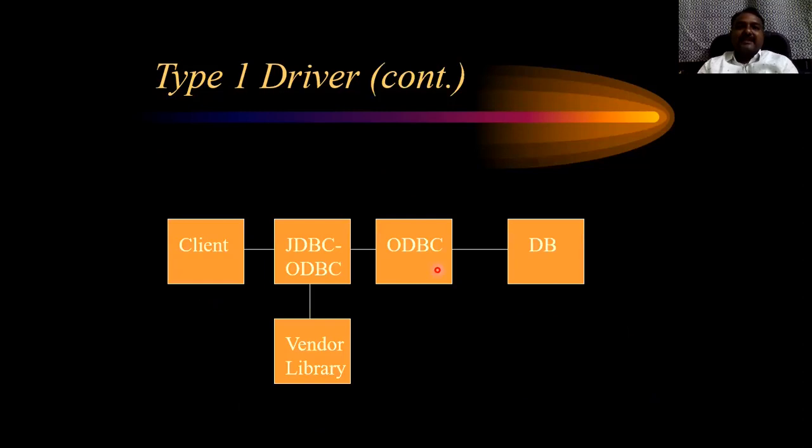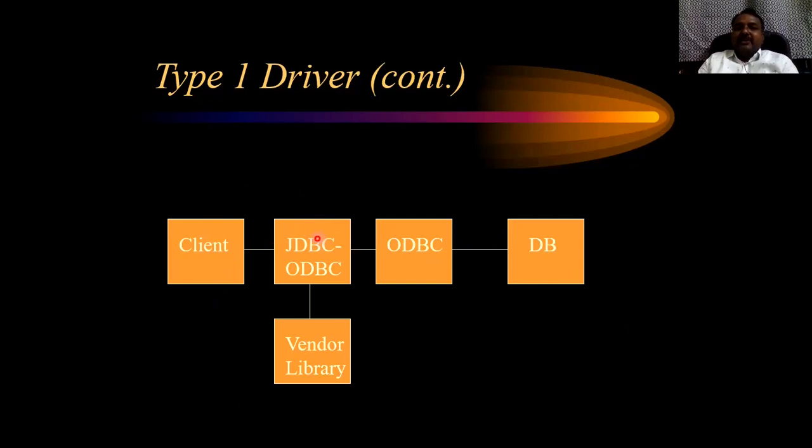And if I look at the architecture of this type 1 driver, I have a client here which is called my Java program, and we have the statements there as a part of my Java program. And this Java program is going to use the driver called the JDBC ODBC driver.